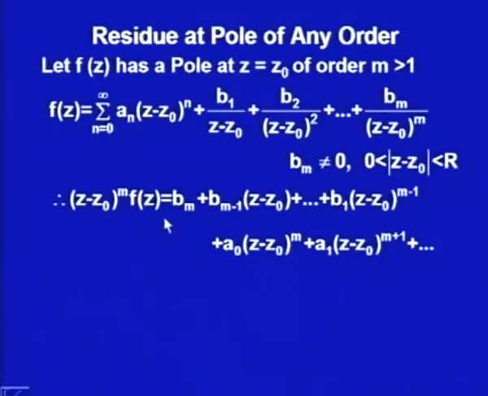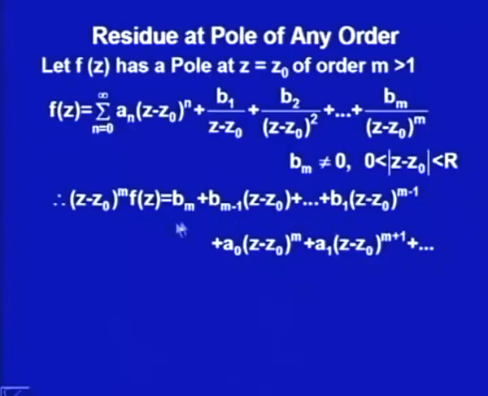Now, let us again look at this expansion. Let us call the coefficients d_0, d_1, and so on, d_(m-1), d_m. What I have here is the Taylor series expansion of the function (z - z naught)^m times f(z): constant terms, then terms involving powers of (z - z naught).